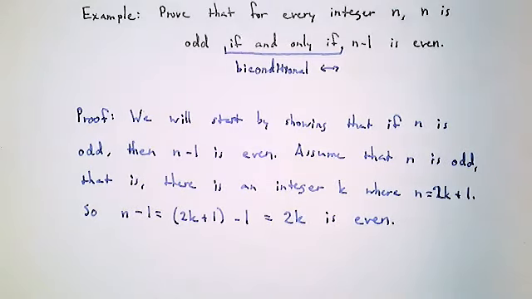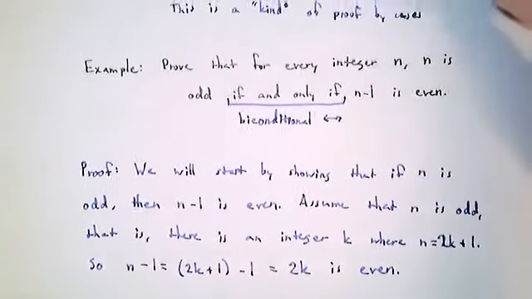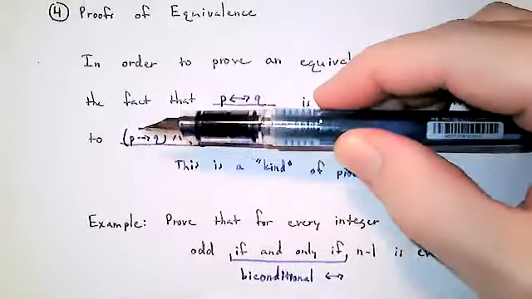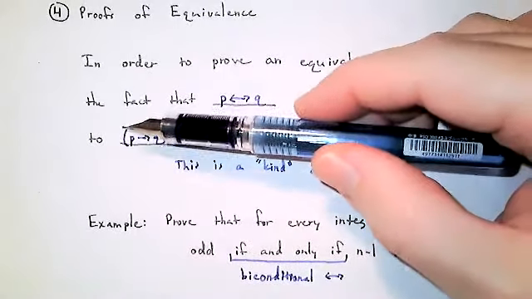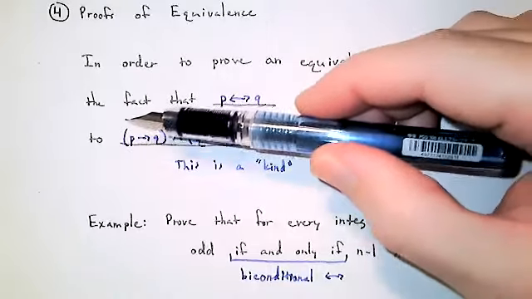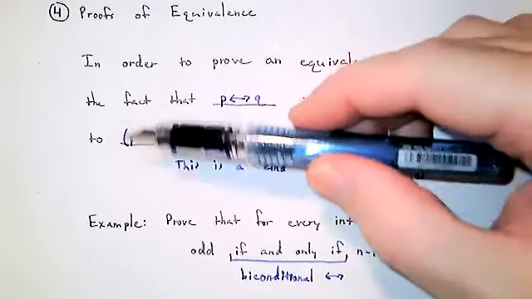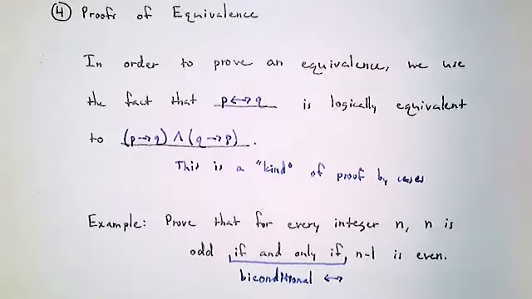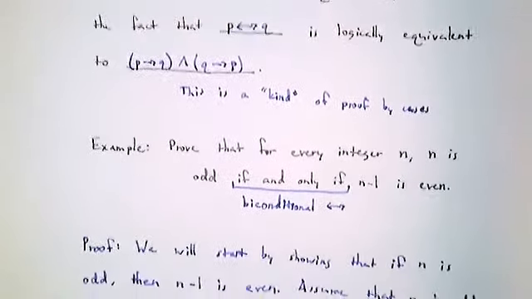Okay. So going back up to what we were doing originally, we've proven this part of the biconditional statement. Now we need to show the other part is also true. So we need to reverse the order and look at the converse.